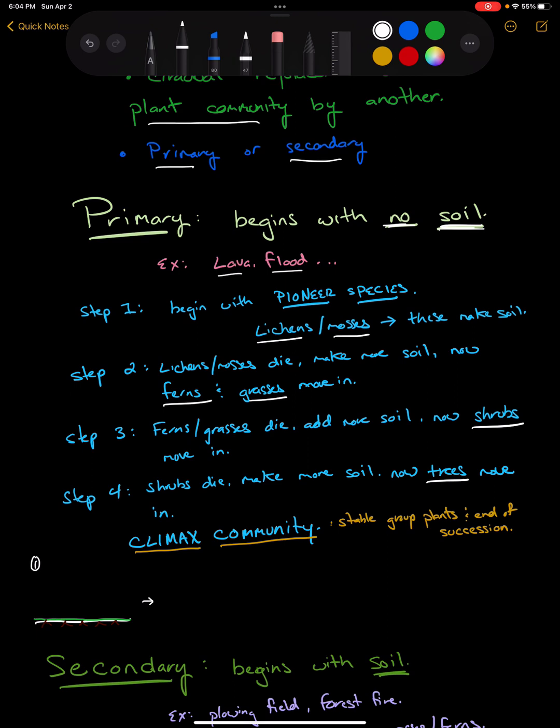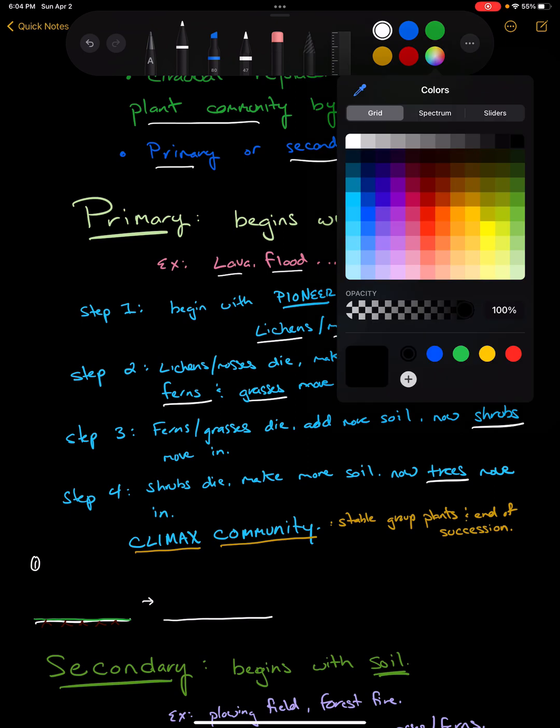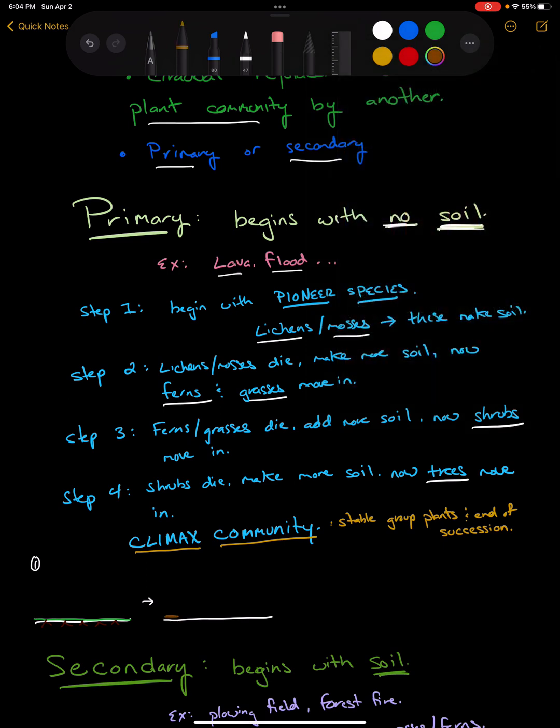Then these lichens and these mosses start to die. And when they die, that mixes with my tiny little pebbles, that's what soil's made out of. And so when those die, that leaves a small layer of soil.